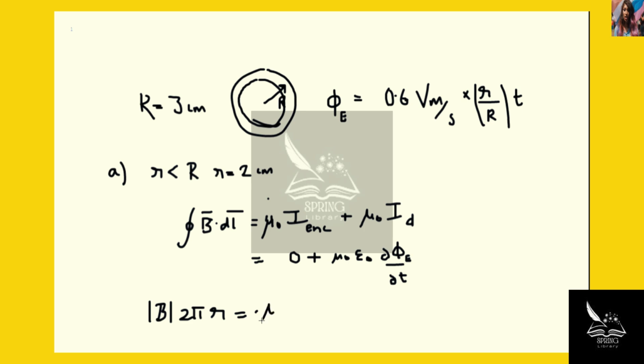This gives us mu naught epsilon naught times the derivative of this with respect to time. The t goes away because of the derivative. Then we have r over capital R. Now as you can see, r and R get cancelled out.